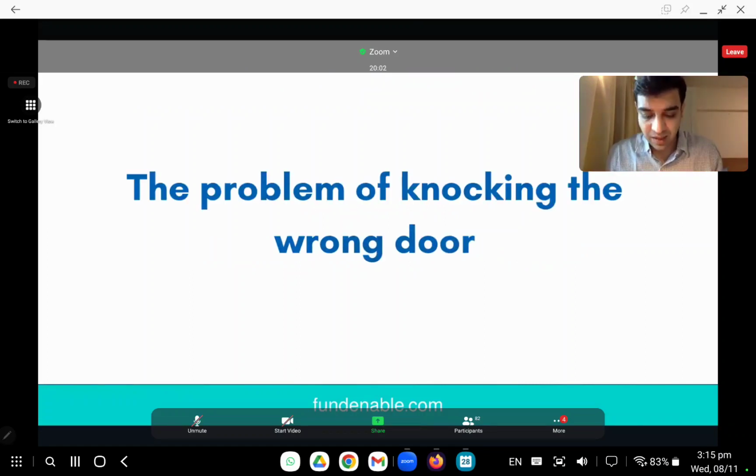Most times, the reason we are not able to raise a round of capital is because we are facing the problem of knocking on the wrong door. We are reaching out to investors who are not looking at the sector in which we are operating and who are not looking at the ticket size that we are looking to raise, right?